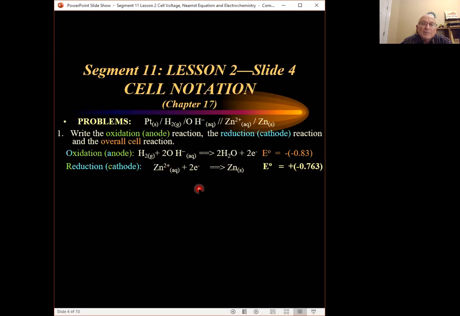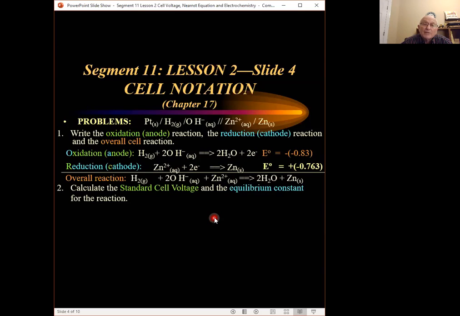So if I put these two together, I get the overall cell reaction: hydrogen and 2 hydroxides and zinc ion go to water and zinc metal. And the voltage for that would be the standard voltage. We get from the first value 0.83.